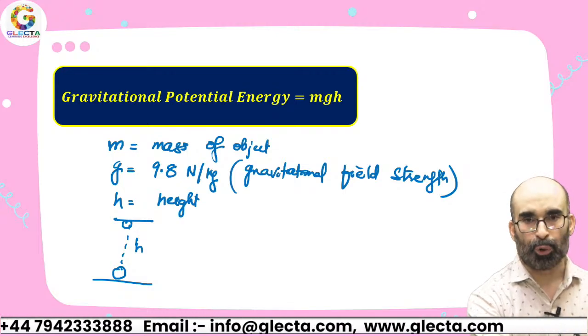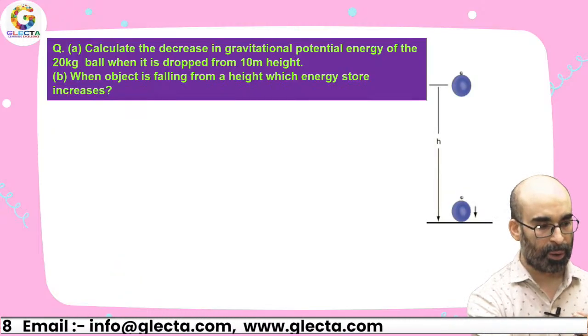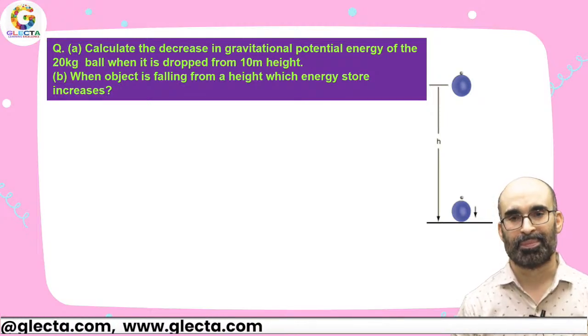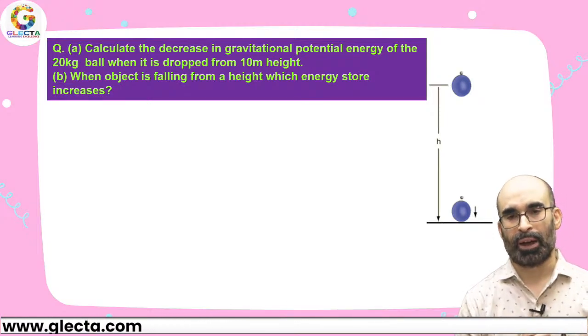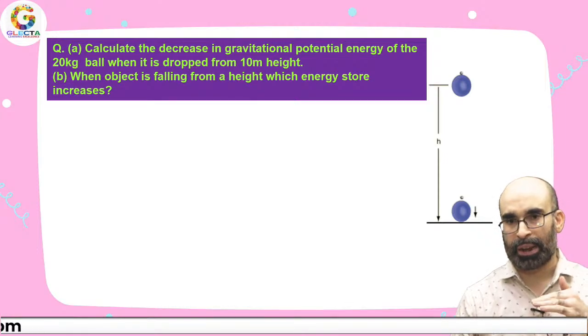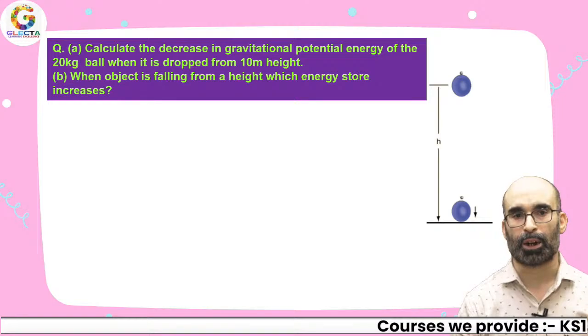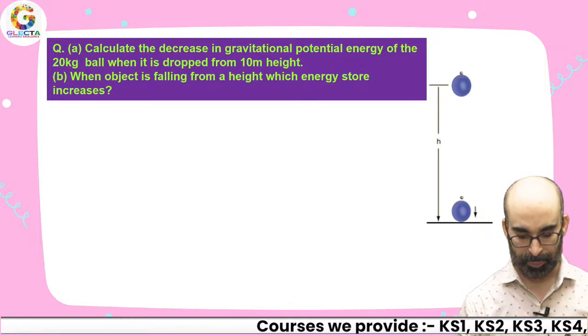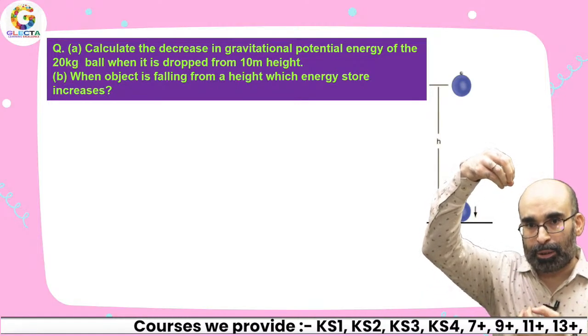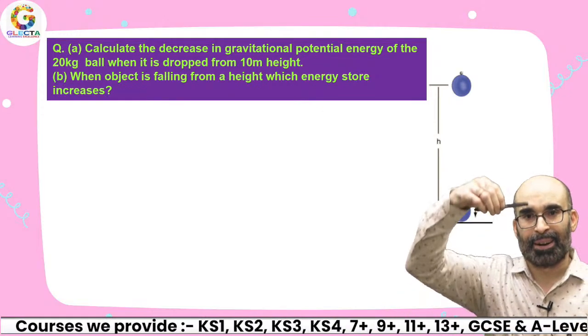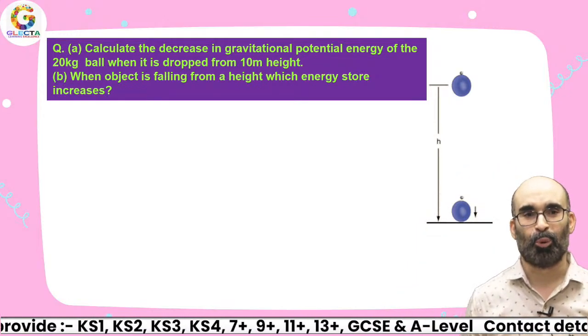All right, now I want your attention to this. See, this is very interesting. When you are taking an object upwards, gravitational potential energy increases. When an object is dropped like this, what happens?